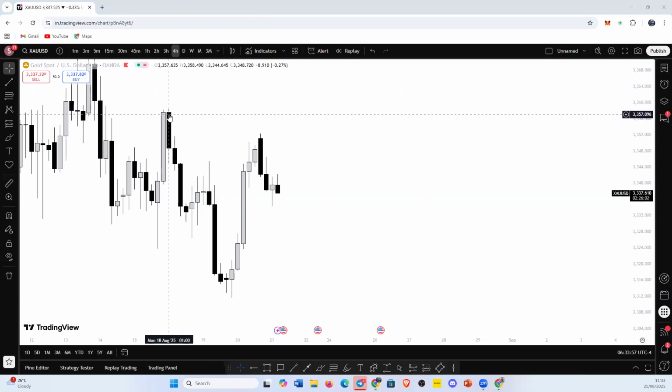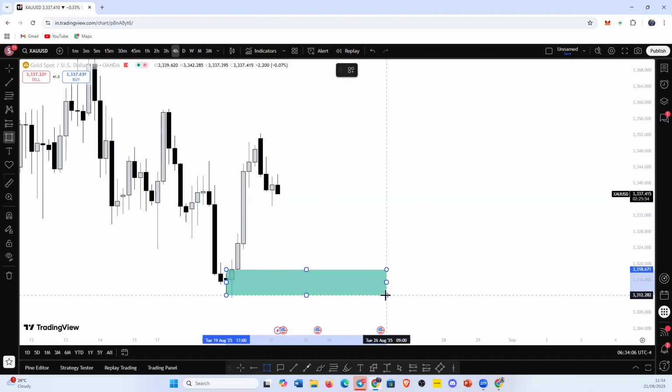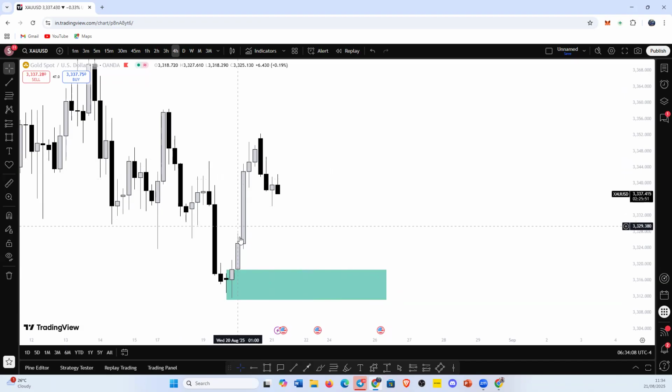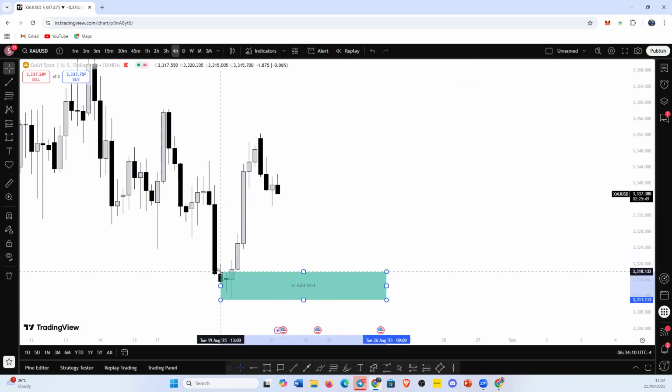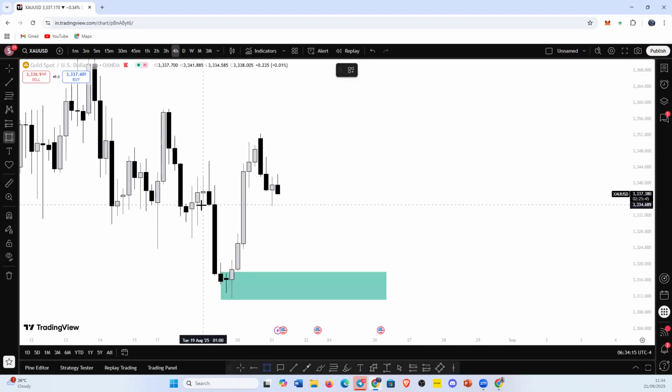We have two different types of engulfing: buy engulfing and sell engulfing, like this one here. An example of buy engulfing, and here, sell engulfing.